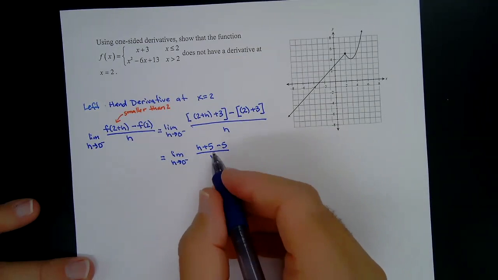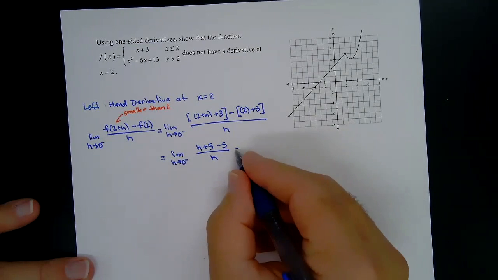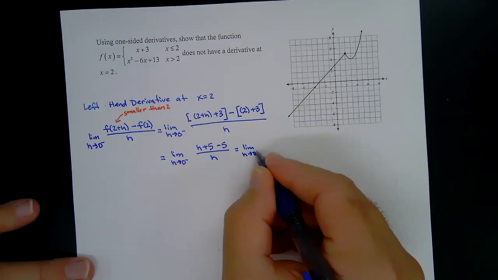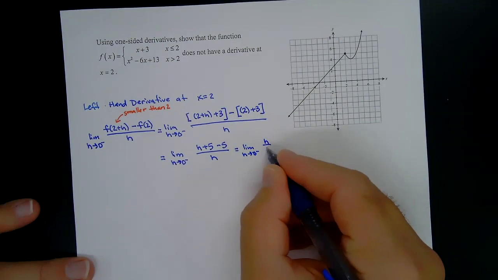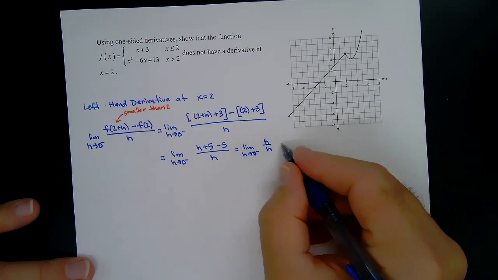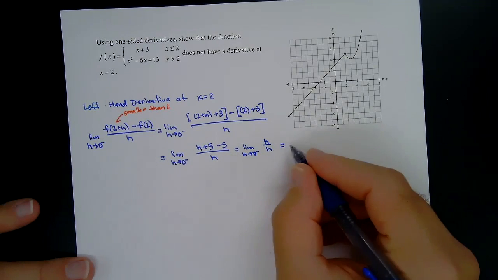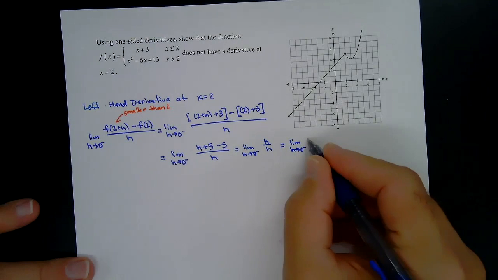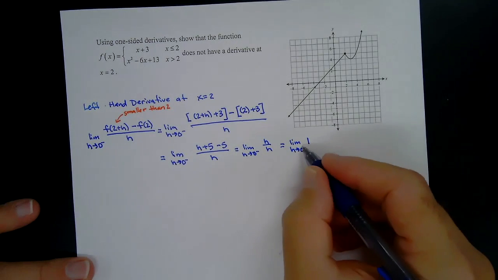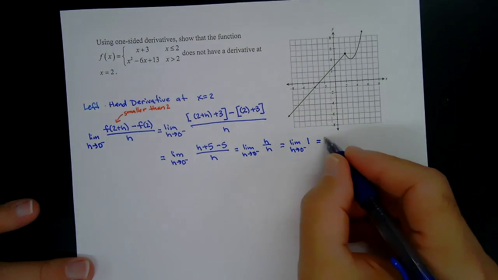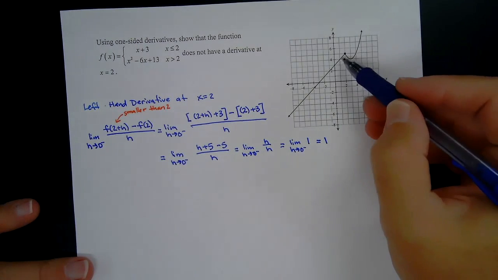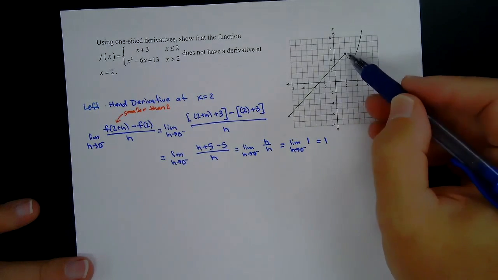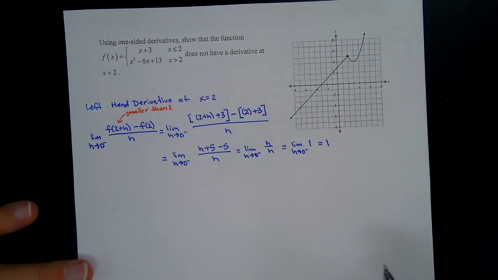We're adding 5 and taking away 5, so this becomes the limit as h approaches 0 from the left of h over h, which becomes the limit as h approaches 0 from the left of 1. The limit of a constant is always that constant, so this is 1. That's what we said: the slope should be 1 on the left-hand side of that point.